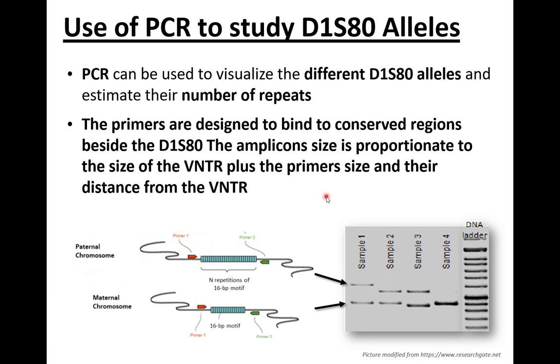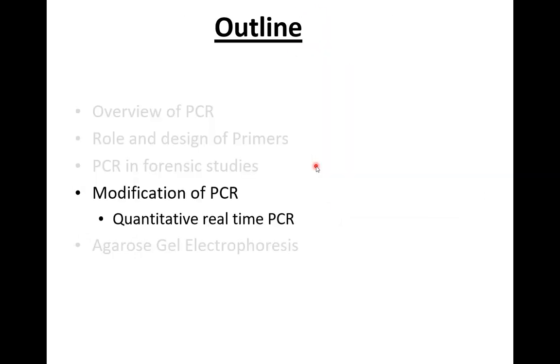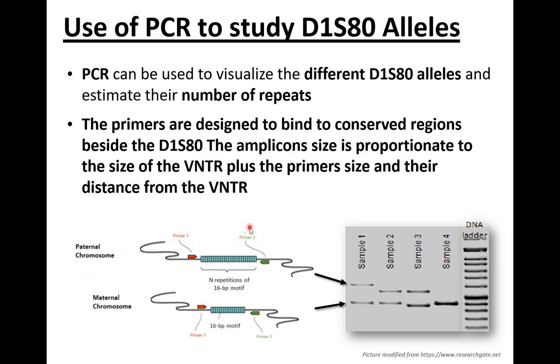So this points out how you can use PCR to determine the number of repeats present in different individuals. You can see how this applies in forensic studies. I don't have an example here, but imagine this sample 4 is the one that was extracted from some DNA underneath the nail of the victim.